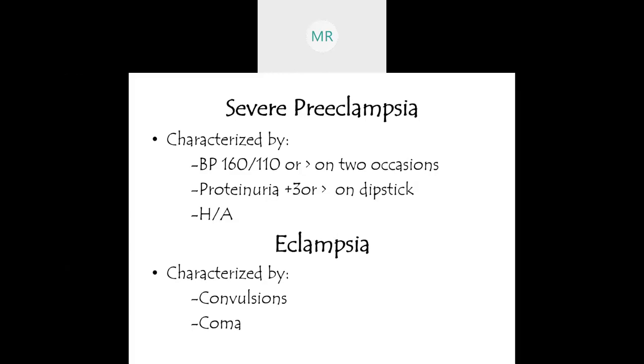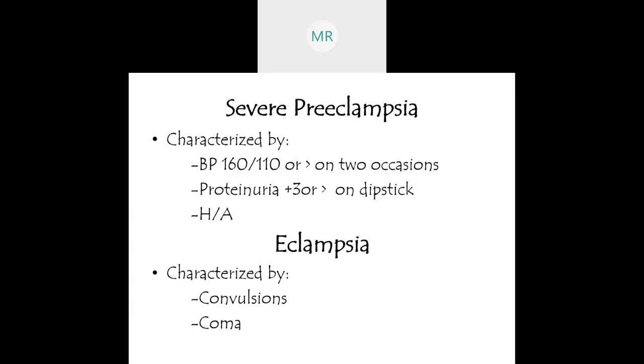For example, we can give 5 to 10 milligrams of hydralazine over a minute or 2. We can repeat the blood pressure in 20 minutes, and if it's elevated, we can give IV hydralazine 10 milligrams again and repeat in 20 minutes. If it's still elevated, we can switch over to IV labetalol, 20 milligrams, and repeat in 10 minutes.